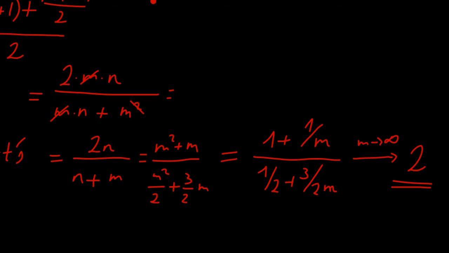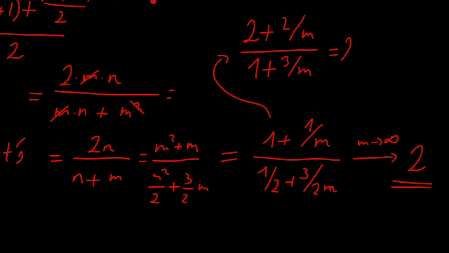Actually, it can be proved that it's 2 minus something, and it's not that hard. If you work a bit with this fraction and multiply by 2 to have nice numbers, not fractions, it's 2 plus 2 over m divided by 1 plus 3 over m, which is 2 minus 4 over m.